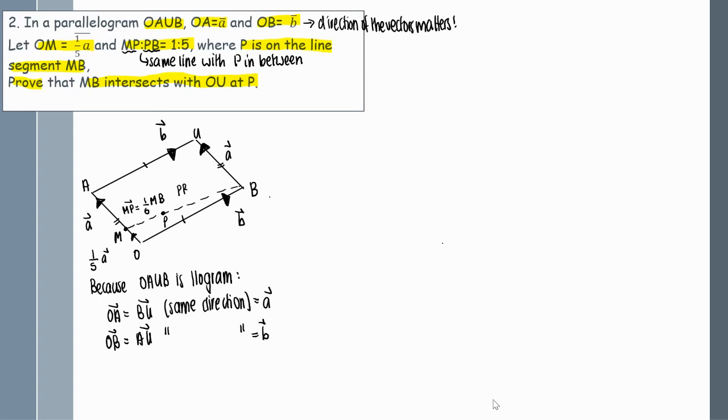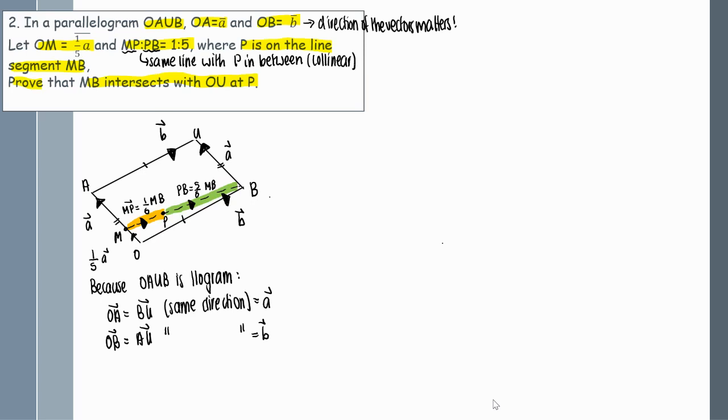Therefore, MP would be equal to 1/6 of MB, and PB is equal to 5/6 of MB. So I've just split this line up into two vectors.